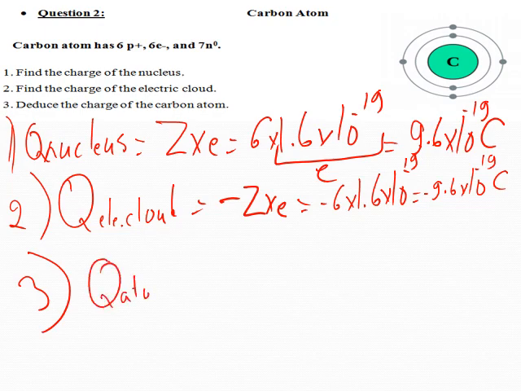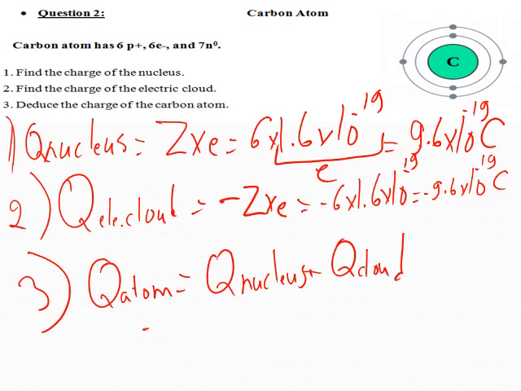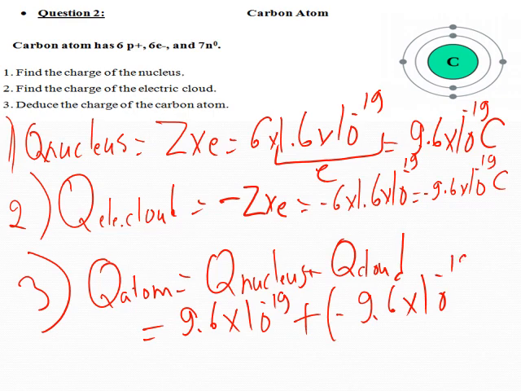Q of the atom is equal to the charge of the nucleus plus the charge of the cloud, so 9.6 times 10 to the power minus 19 plus minus 9.6 times 10 to the power minus 19. All of them are coulombs, so it's equal to 0. That's why the atom is electrically neutral.